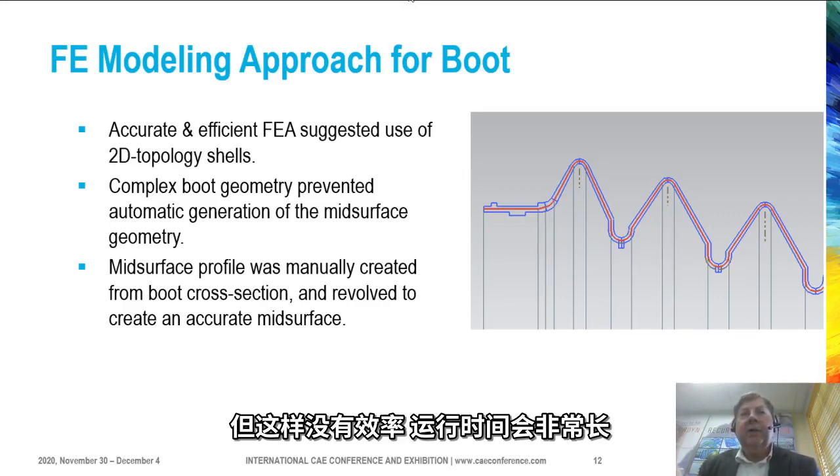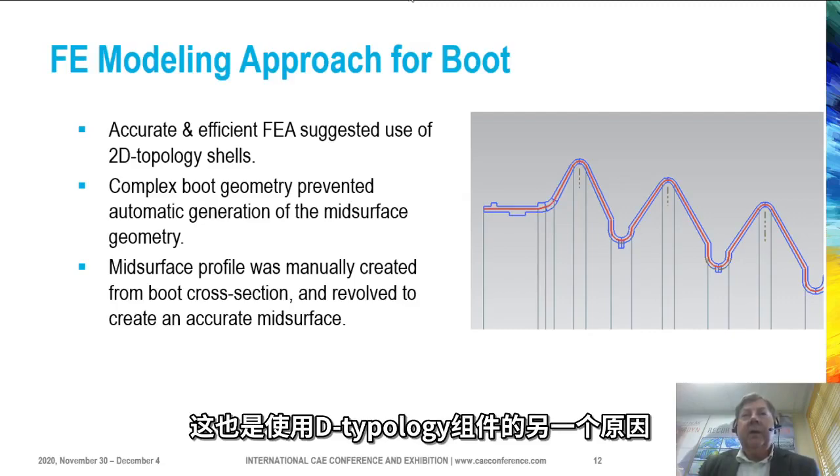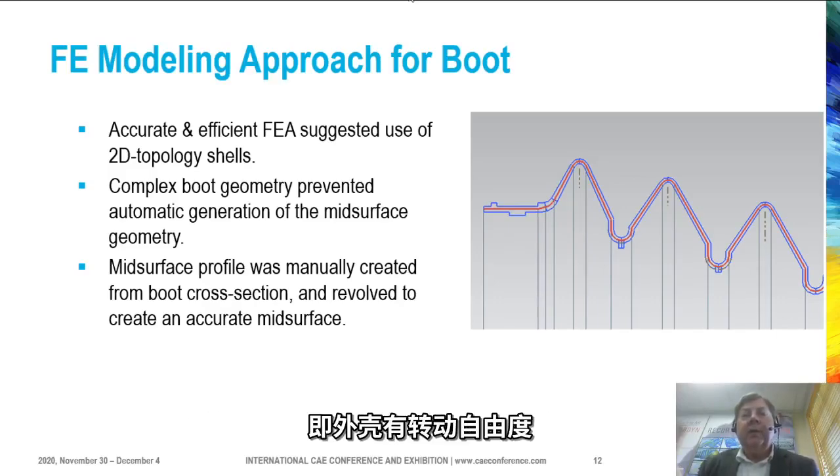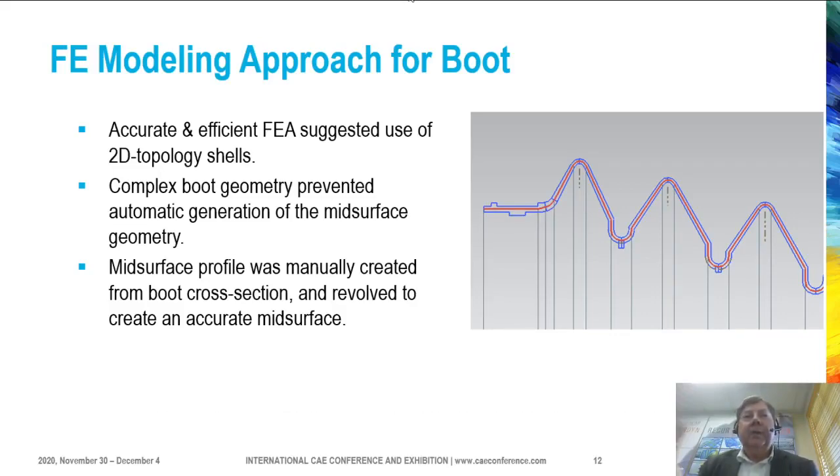The runtime would have been extremely long. And since bending was such an important part of this simulation, that was another reason to use 2D topology elements, namely shells, that would have the rotational degrees of freedom and could allow us to model this boot with a fairly low number of elements.